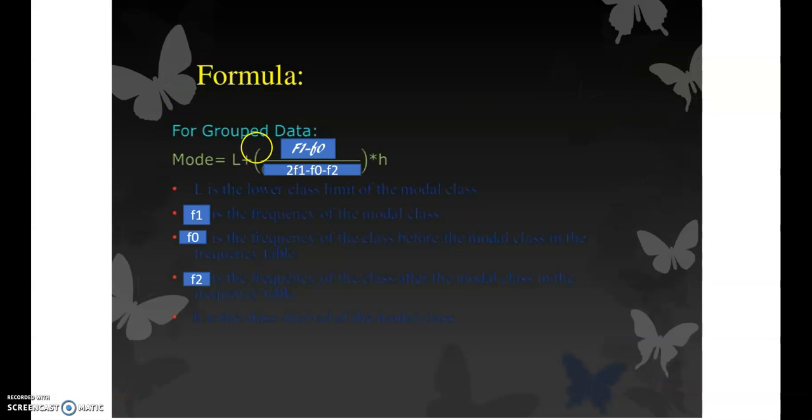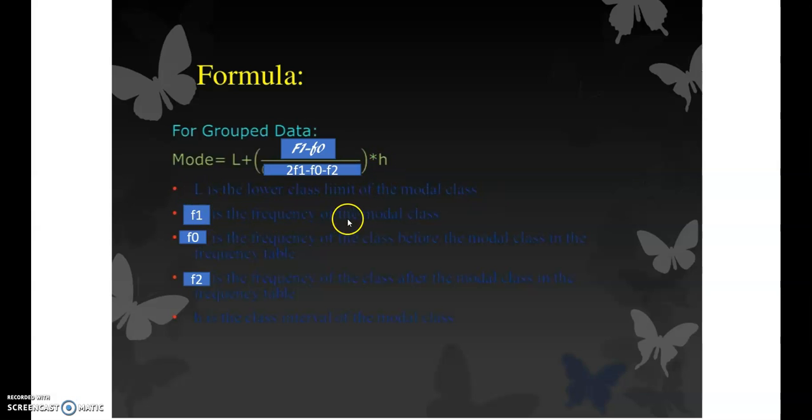Okay. Children, this is the formula for calculating mode for grouped data. Mode is equal to L plus F1 minus F0 divided by 2F1 minus F0 minus F2 into H. H is the class interval. So L is the lower limit of the modal class.